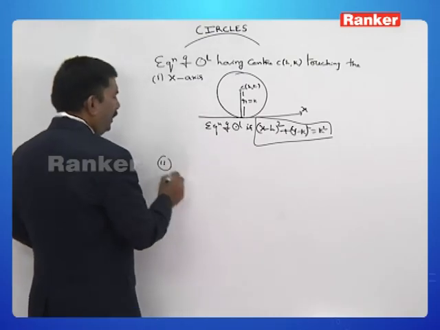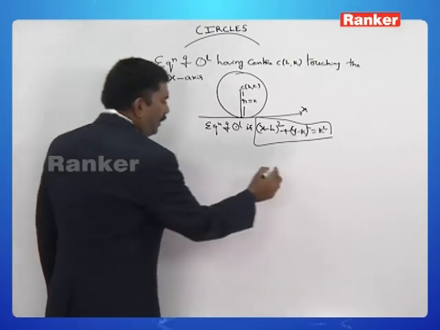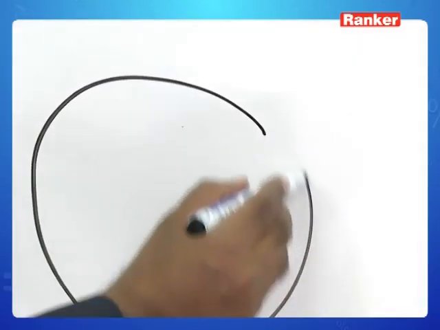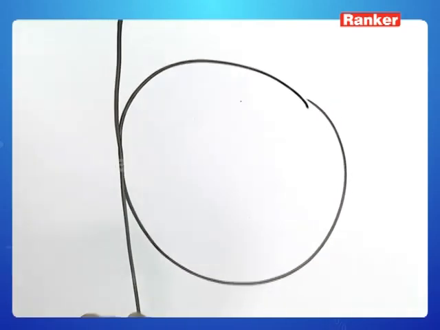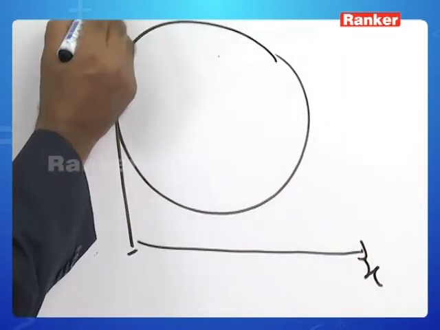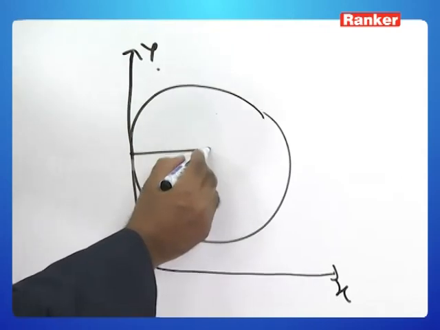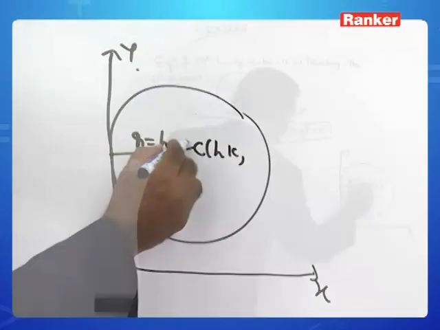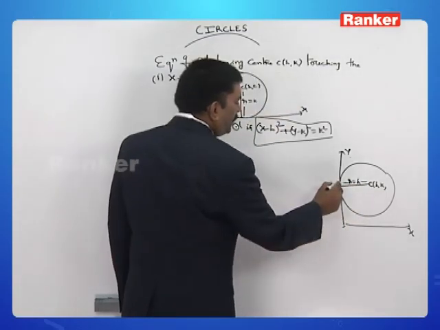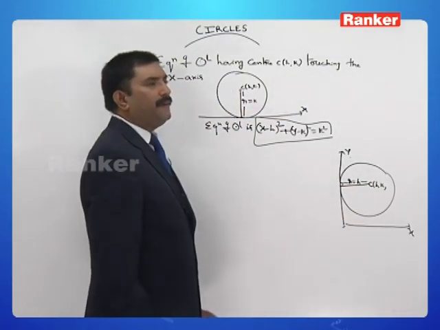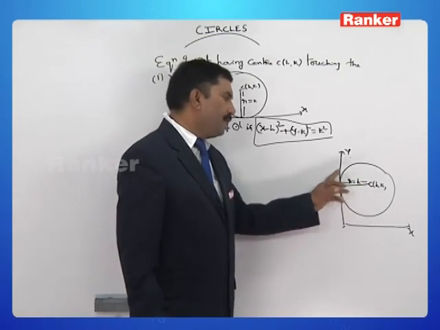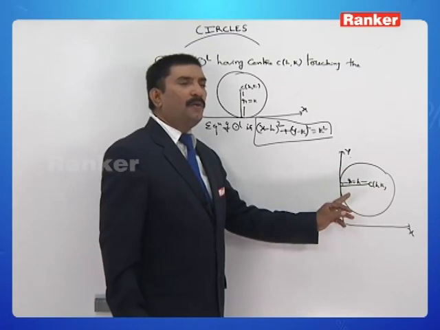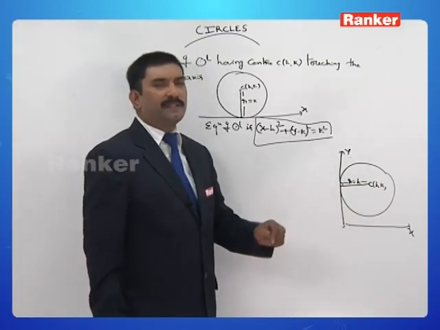Second one. Now if the circle touches the y-axis, this is x, this is y. This is center h comma k. This is nothing but h. The perpendicular distance from the y-axis to the center is h. So the x coordinate measures the radius of the circle.